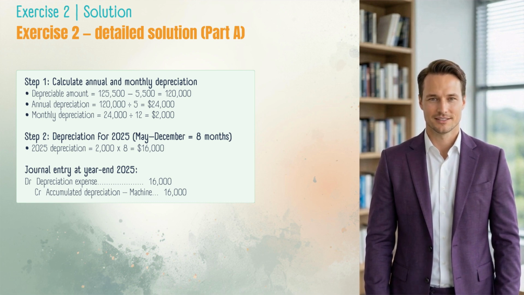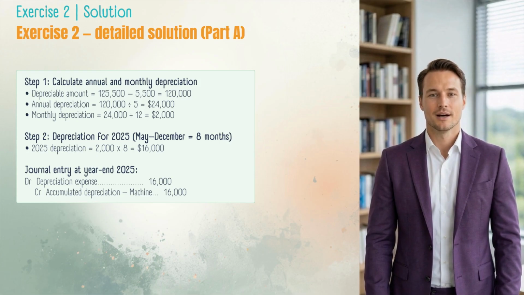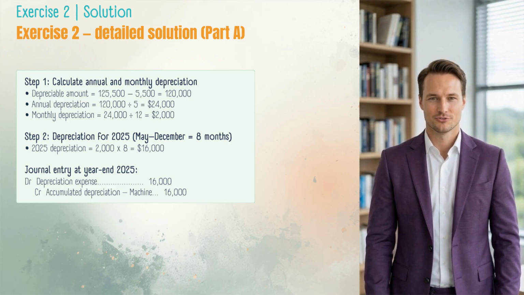We then multiply the monthly depreciation by 8 to arrive at the depreciation expense for that year. After that, we record the year-end journal entry by debiting depreciation expense and crediting accumulated depreciation. This shows clearly that the business recognizes only the portion of asset cost related to the months actually used.